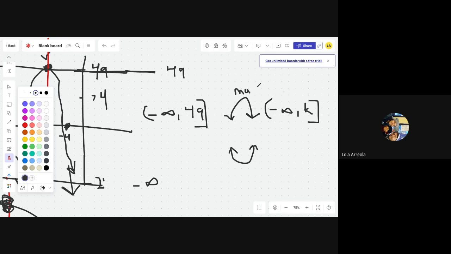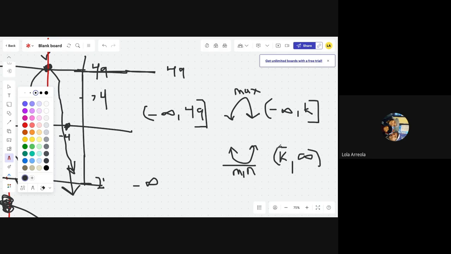If I have a parabola that looks like this, where instead of a max, I have a min, then what would be my lowest point? K would be my lowest point. And again, I can't put a line through the top, so that means it's going towards infinity.